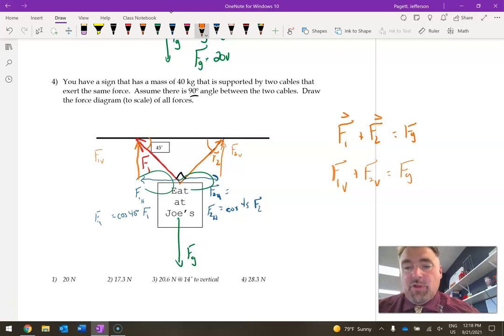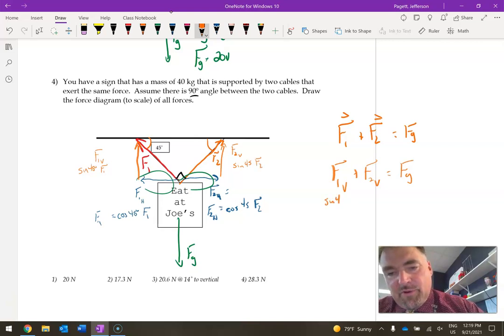Because I know this thing is in equilibrium, whatever pulls up has to equal whatever's going down. So F1 vertical and F2 vertical, I didn't write this down, but that's going to equal the sine of 45 times F1, and this will equal the sine of 45 times F2.